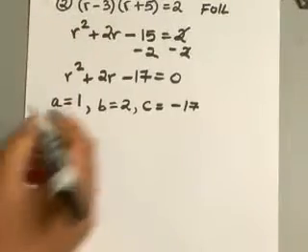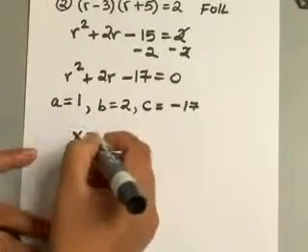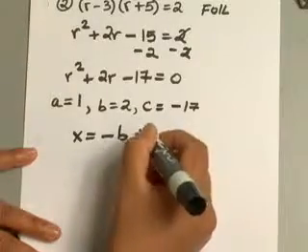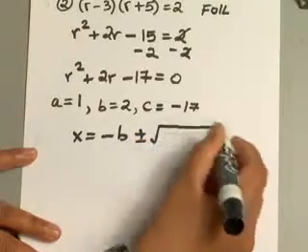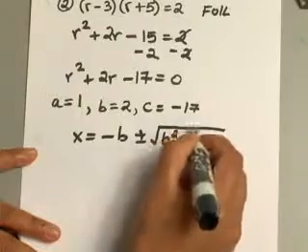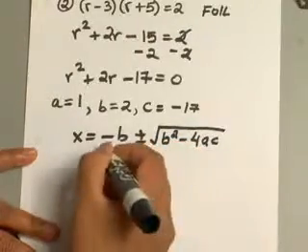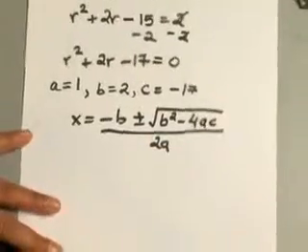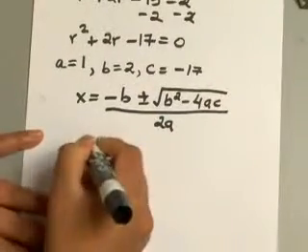Okay, so again you do the same thing. Plug these back into the quadratic formula, which will be negative b plus or minus the square root of b squared minus 4ac, and the whole thing over 2a. Go ahead and substitute your values in.